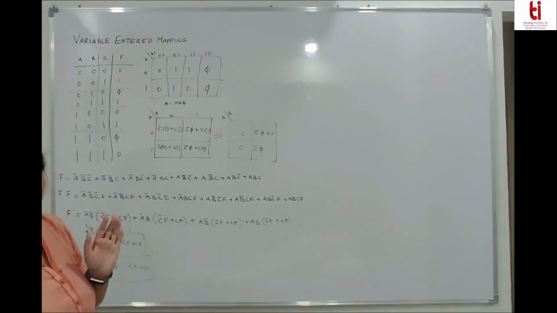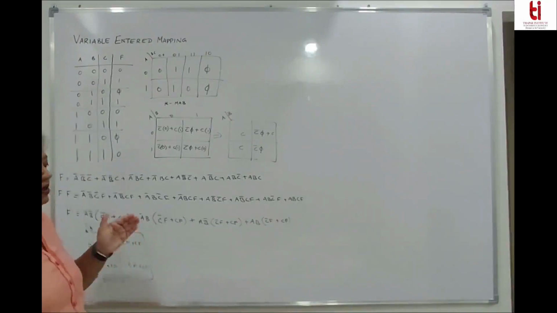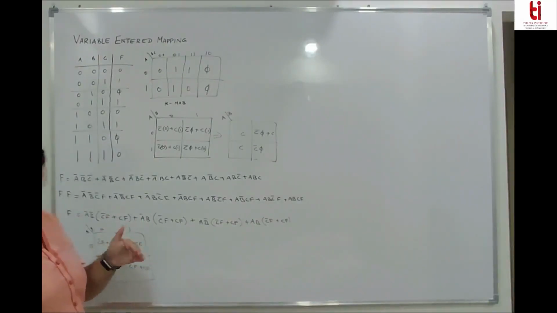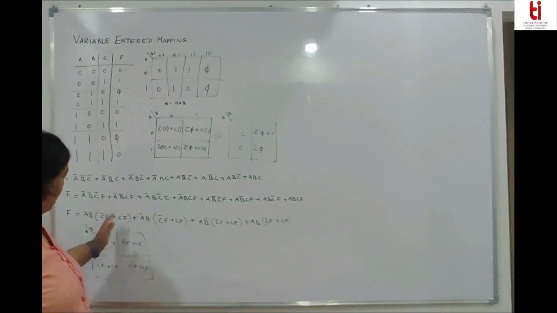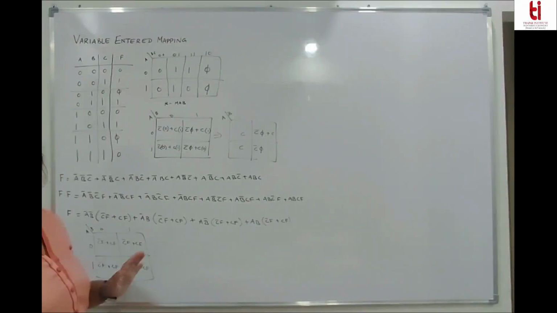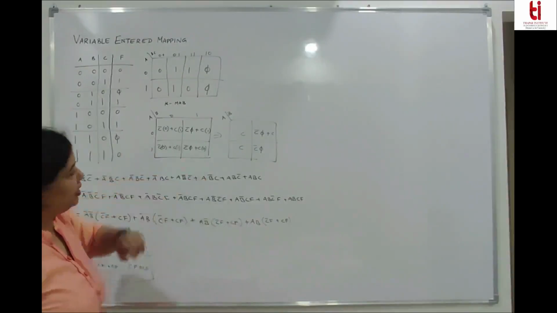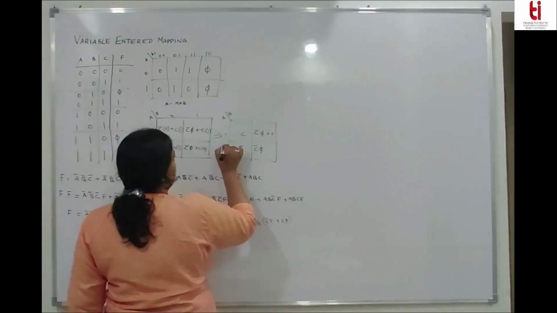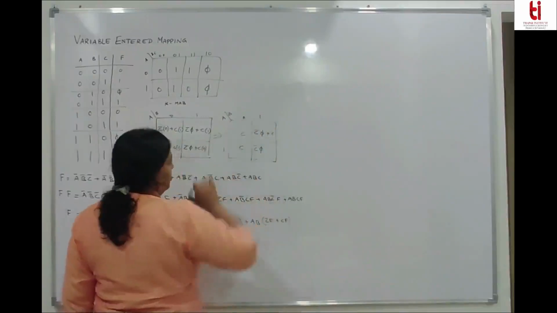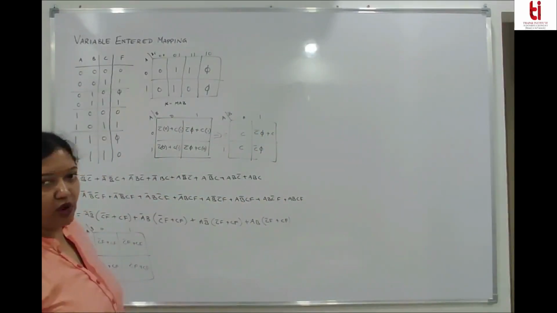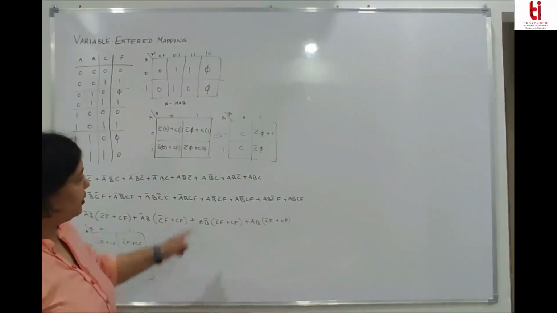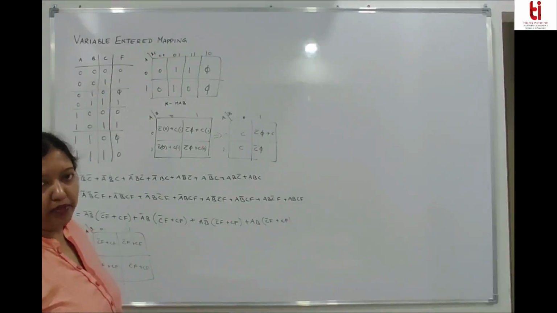That means one of the variables out of the 3 can be taken within the map. That is what we are going to do. So I think it is not going to affect the output. So this is what we get if you plot it according to a VEM. Now there are certain rules which are to be followed in order to reduce the VEM map.